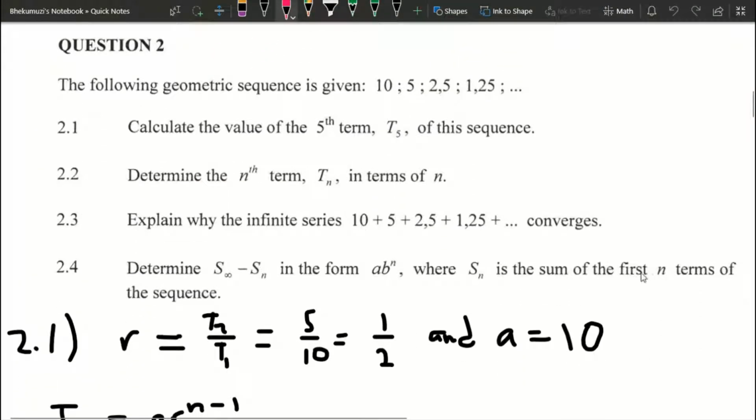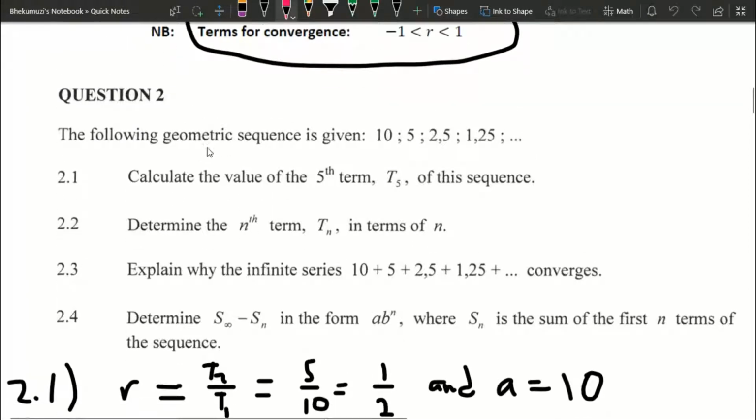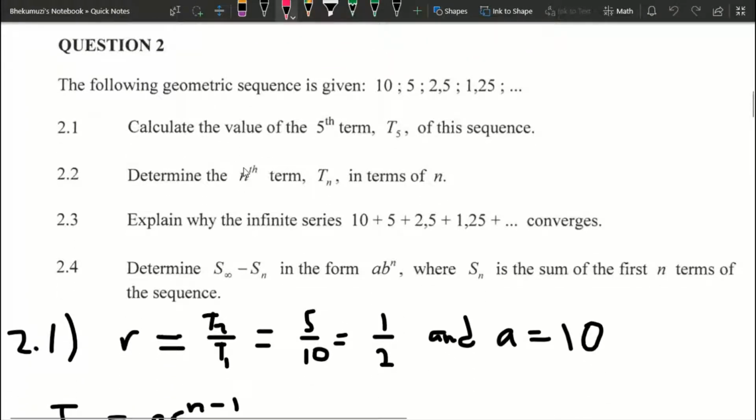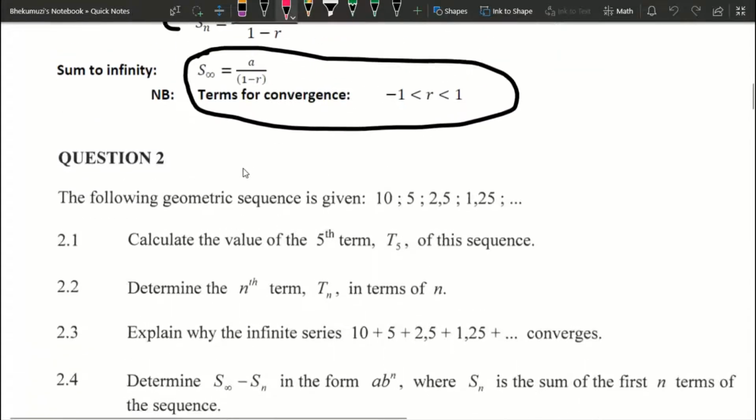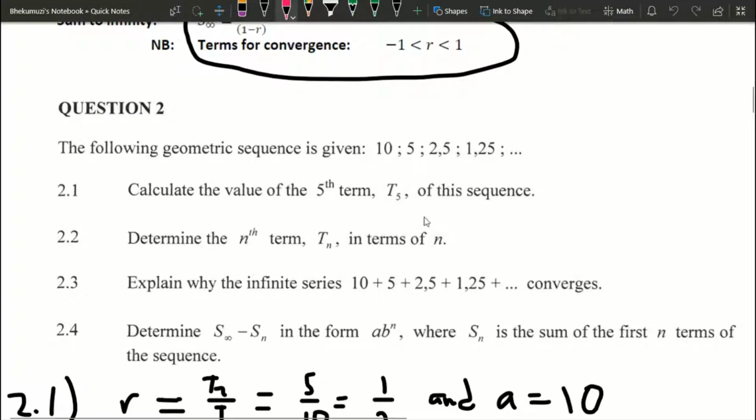This question 2 actually comes from a past paper, which is a November past paper of grade 12, 2015. It says the following geometric sequence. And we know what a sequence is.